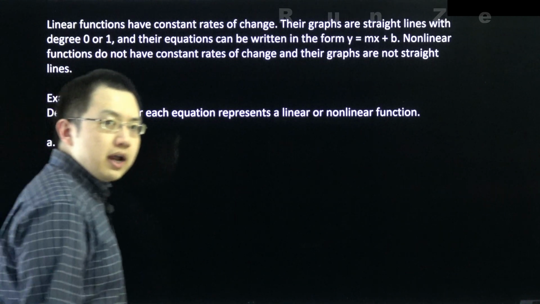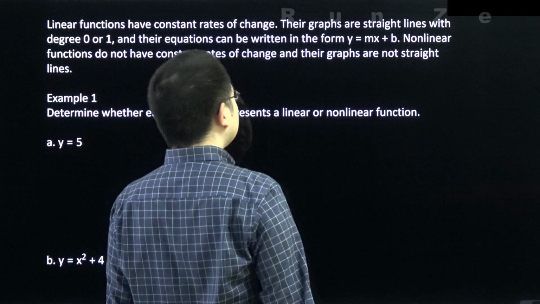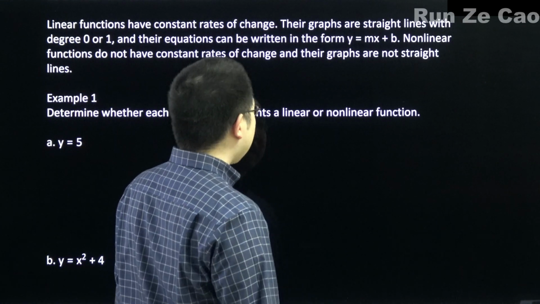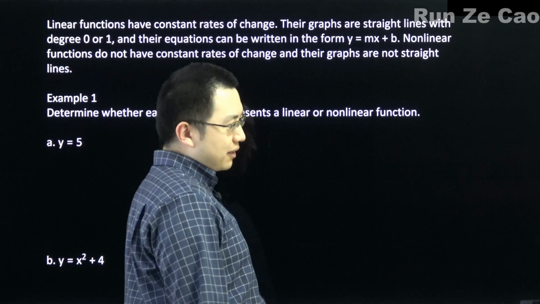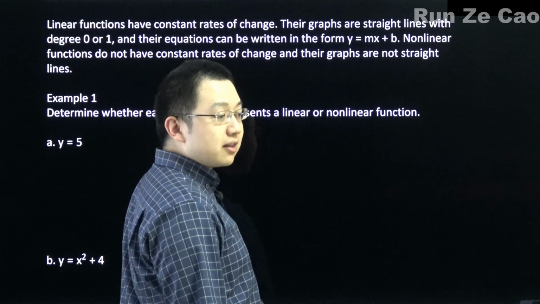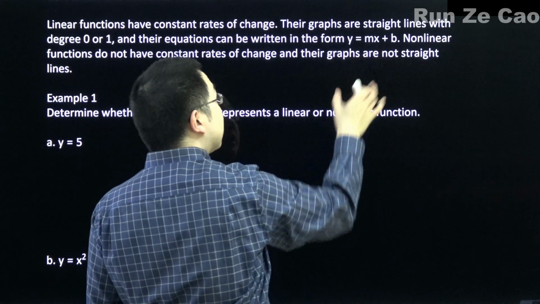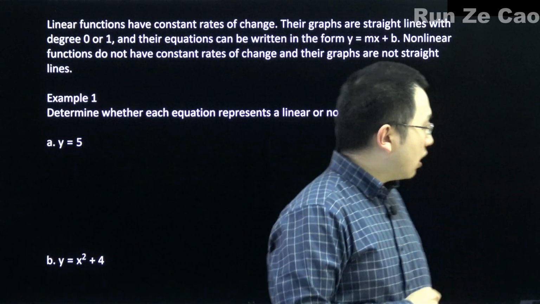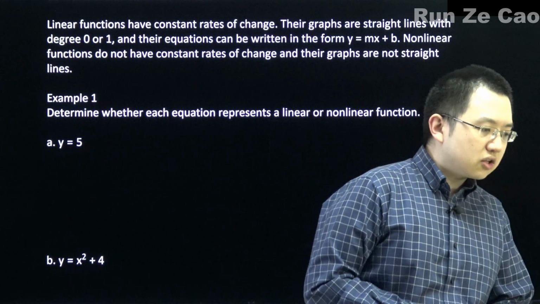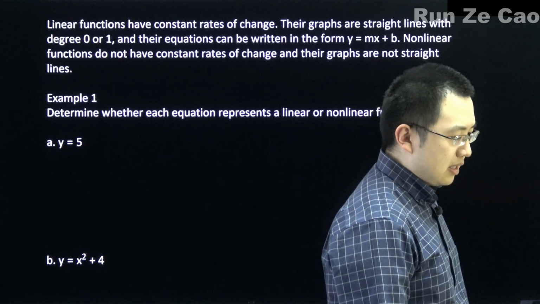You can also rearrange this to be like ax plus by plus c equals 0, or ax plus by equals c. That would still rearrange to be the same form. Nonlinear functions do not have constant rates of change and are not straight lines when you graph them.